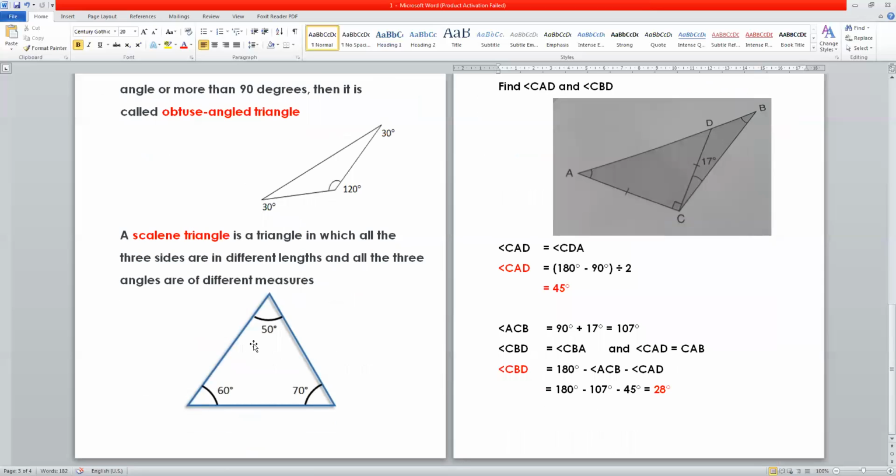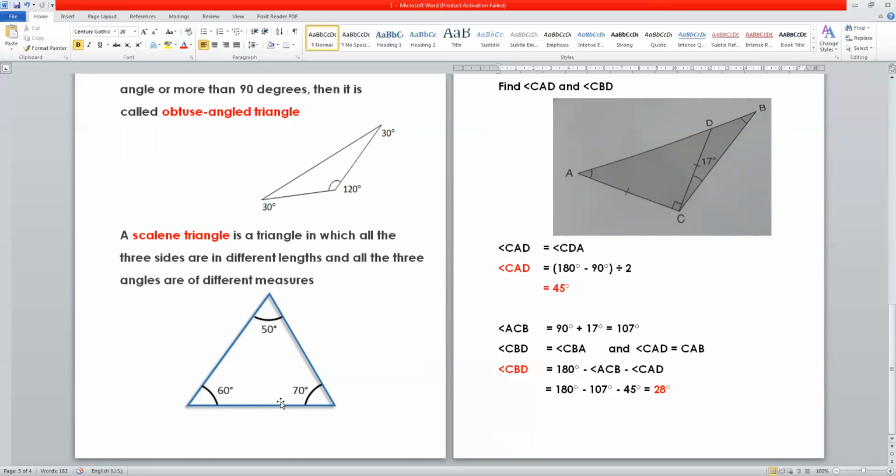The last type of triangle that we are going to learn is a scalene triangle. A scalene triangle is a triangle in which all the three sides are of different lengths and all the three angles are of different measures.